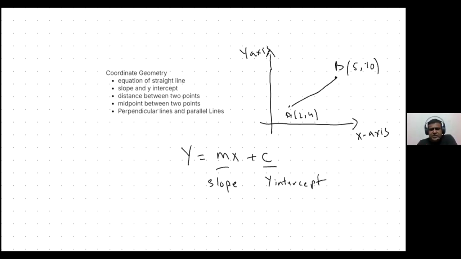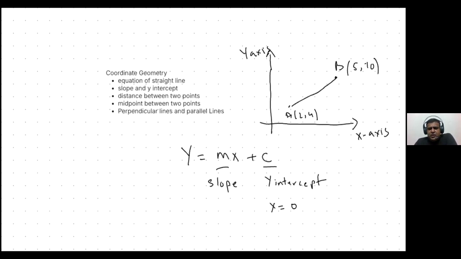Y-intercept means it's the point on the y-axis where the line cuts the y-axis, right? So at the y-intercept, we always have x value as 0. All right, so this is what it is at the beginning.